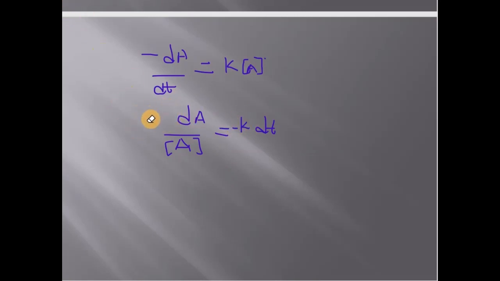Positive. The next thing to do is to integrate both sides of this expression. So we are going to find the integral of A from A naught to At, then the integral of time from T naught to T.